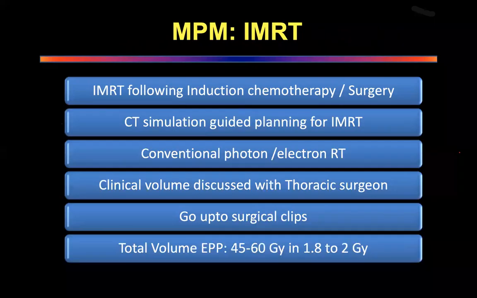You can use all these techniques to decide how to do IMRT. You can do a CT simulation planning. But the most important thing is the volume should be discussed with the thoracic surgeon.